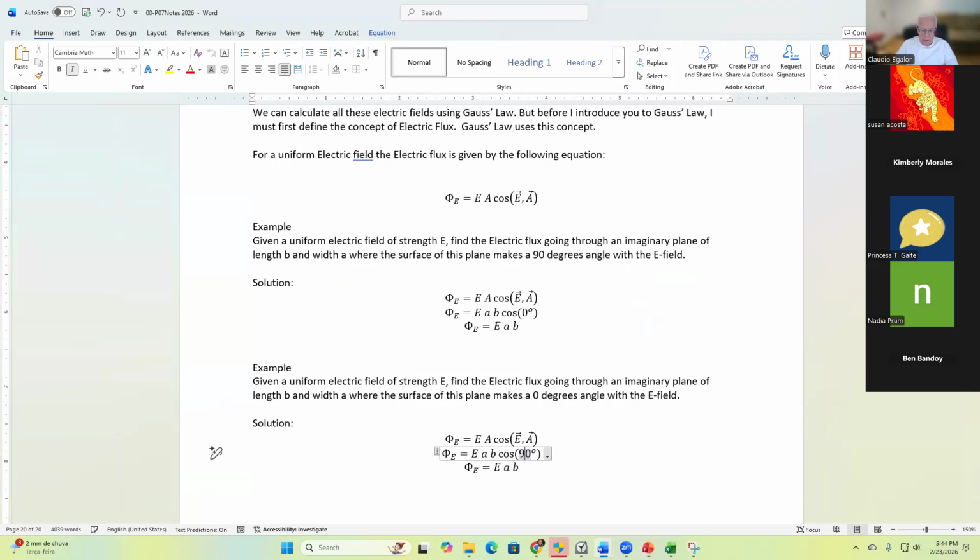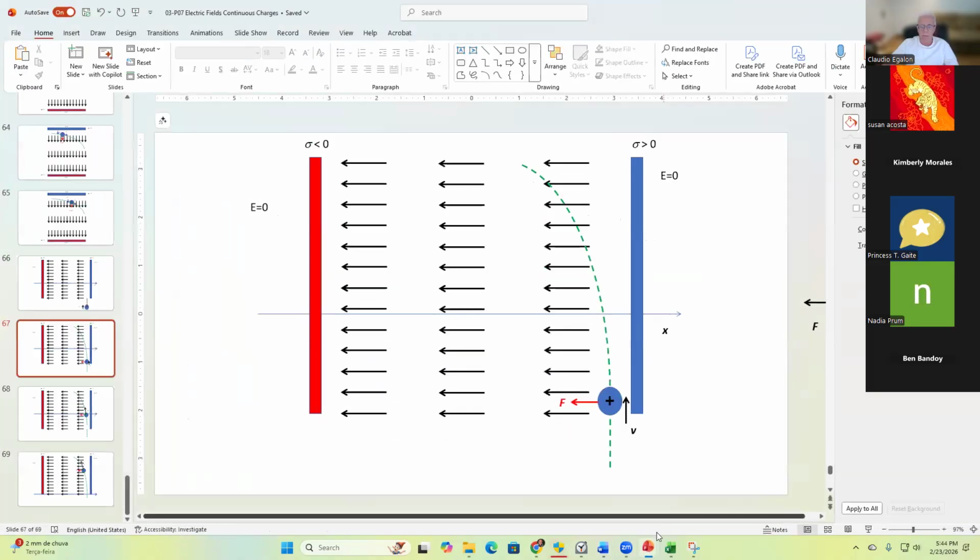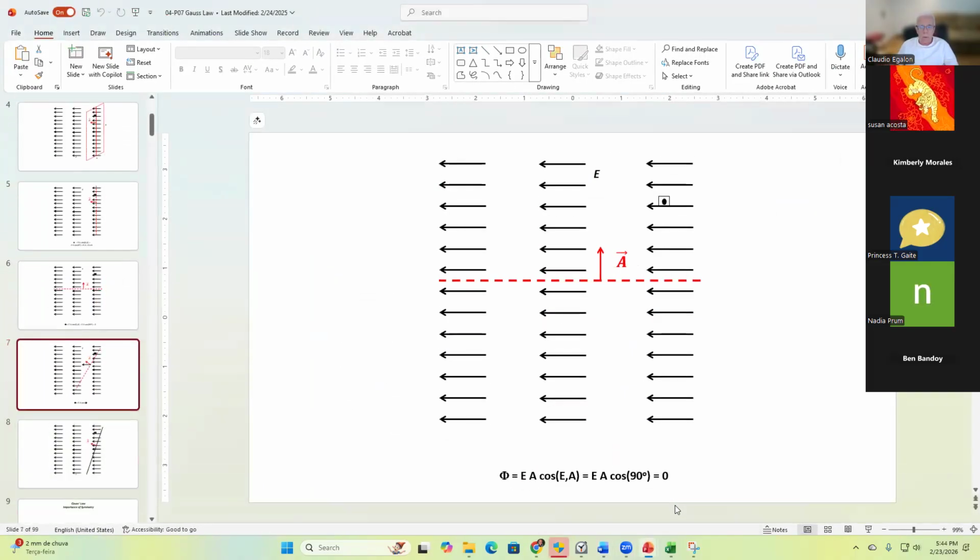Now the area vector makes a 90 degree angle with respect to the electric field, and this electric flux is going to be 0. And then we can come up with another example that's in between the first and the second example. This plane now is making an angle like that. Okay? Let's say making an angle phi. The plane makes an angle phi.